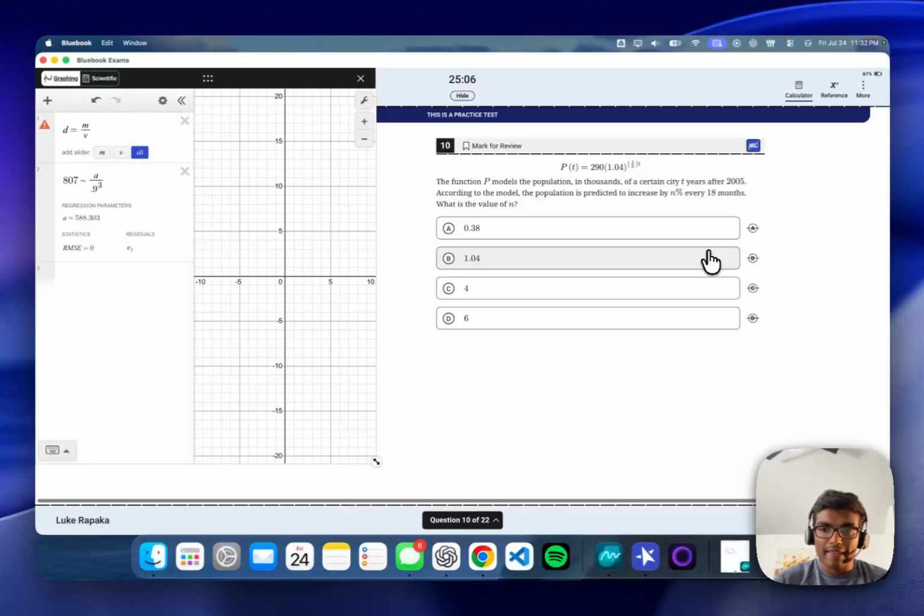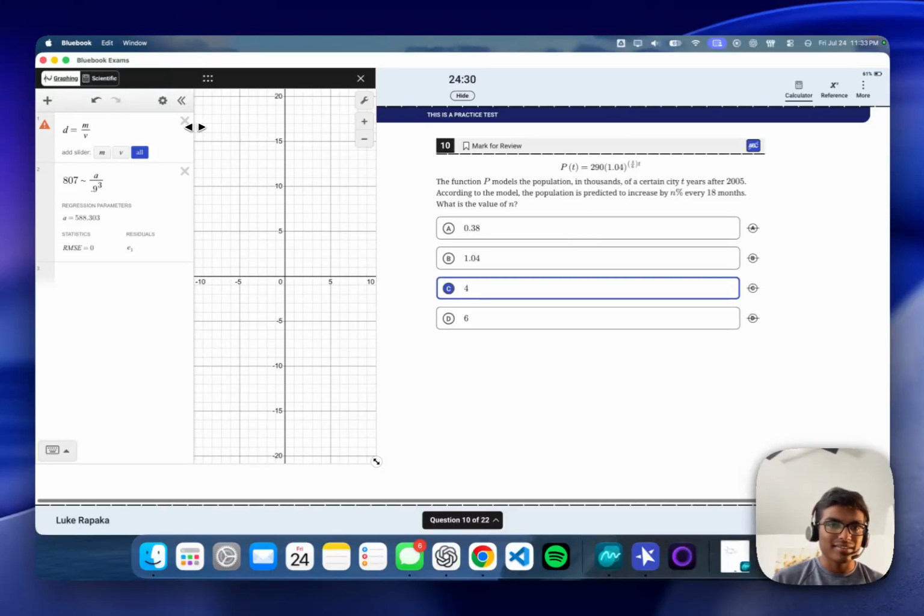So, okay, so every 18 months, that's basically this factor up here, right? Oh yeah, so every 18 months, it's gonna increase by that much, right? So we're trying to find what is the percent increase every 18 months. So T is the number of years, right? And so every 18 months, it's gonna go up 4%.